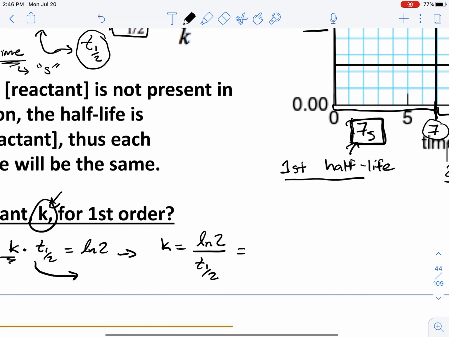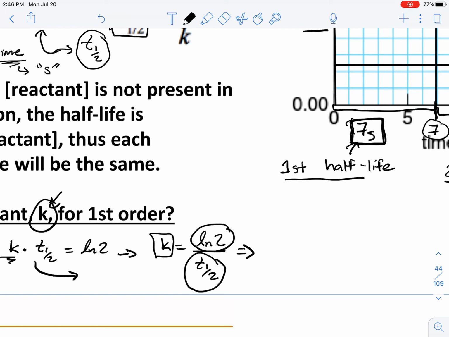Now, there is no unit for natural log of 2. And so let me take a step back here. Now that we solved for the rate constant k, we're going to replace both of these terms, natural log of 2 and t1/2, with the unit they represent.